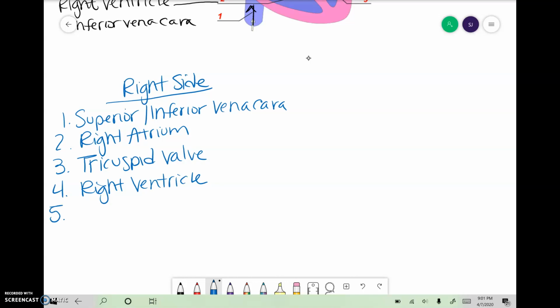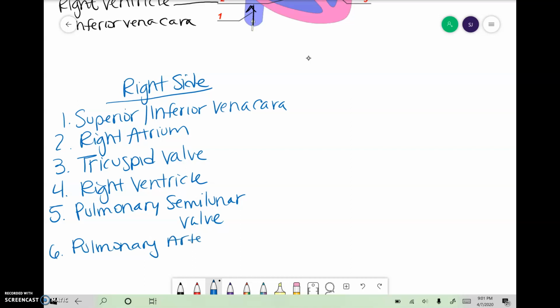Okay, where it passes through the pulmonary semilunar valve. Remember, that's the way it's shaped. Okay, and then it passes into the pulmonary artery. Again, that's the only artery carrying carbon dioxide rich blood. Okay, and then that gas exchange happens in the lungs.